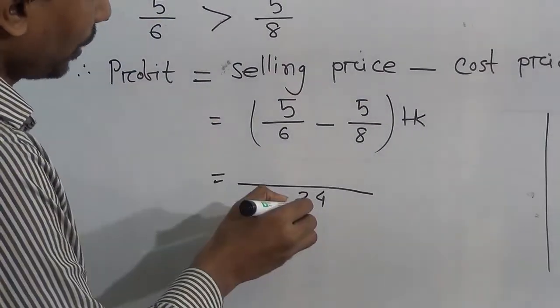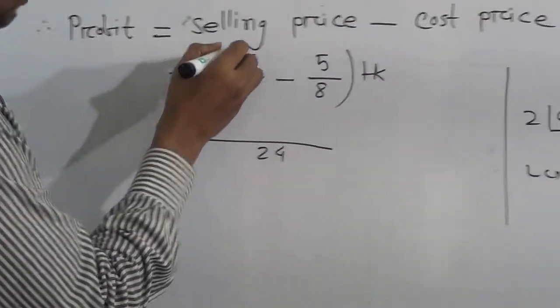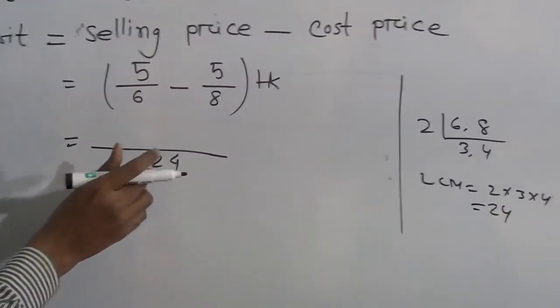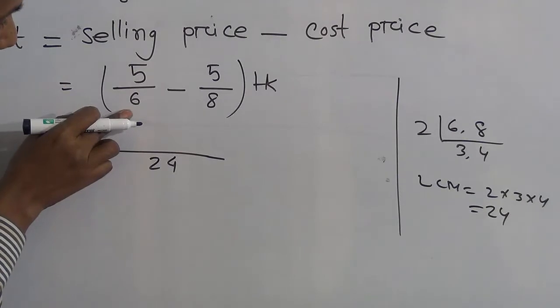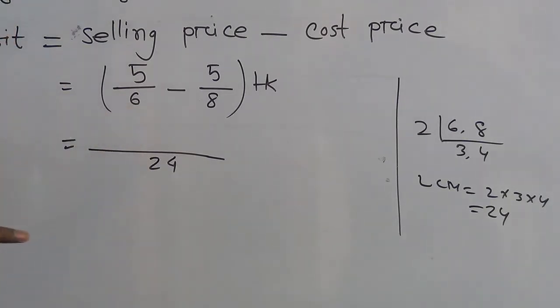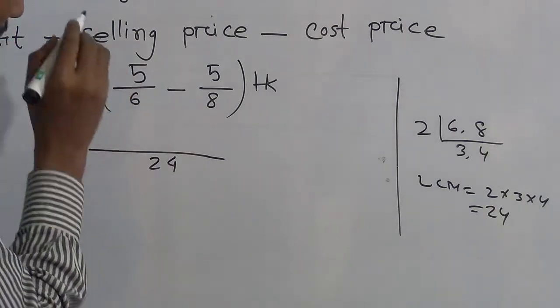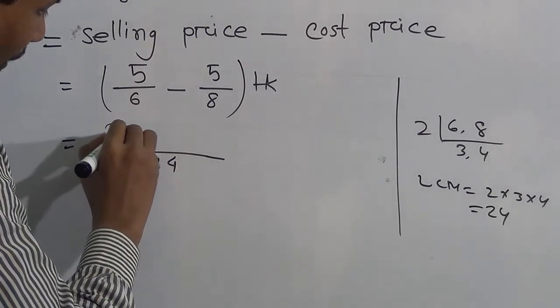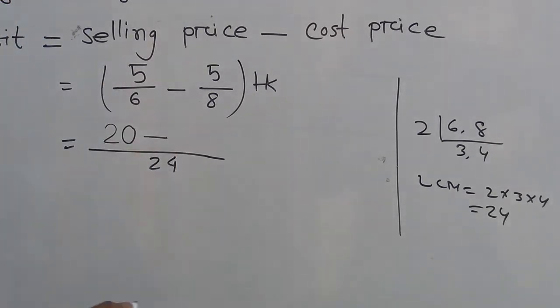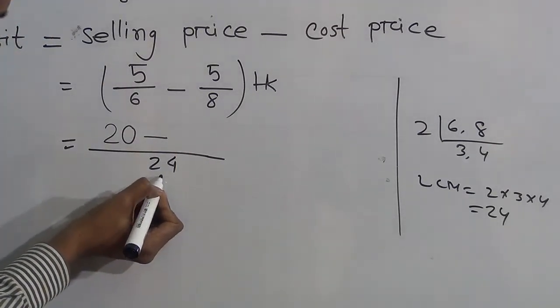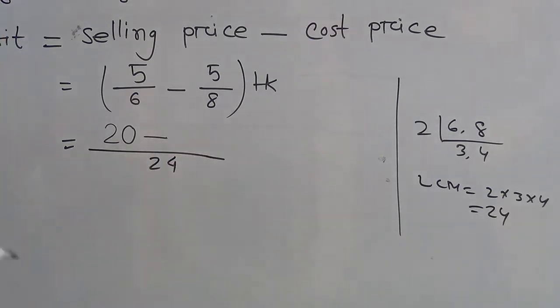Now you divide 24 by 6, then you get 4, and multiply with 5, then you get 20. Again you divide 24 by 8, then you get 3.